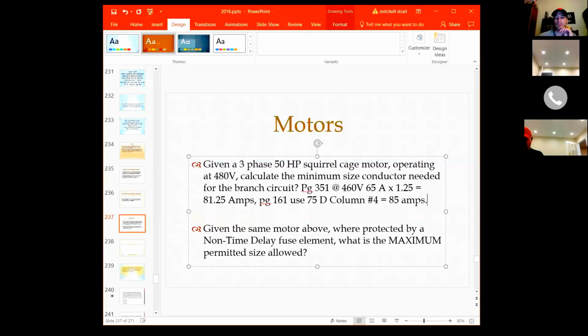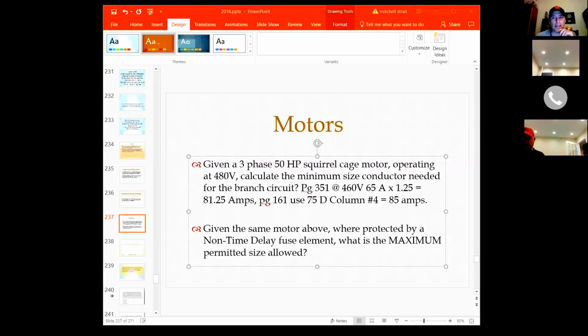Okay, what about the fuse, the non-time delay fuse element? I'm going to start with the same exact process.